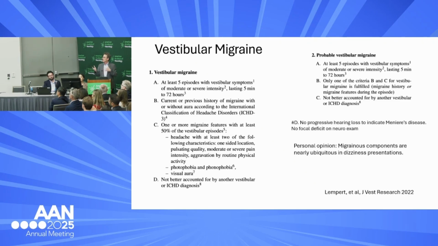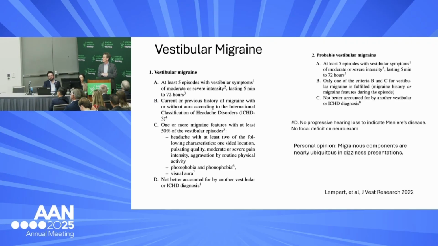These criteria say you have to have at least 5 episodes with vestibular symptoms. What if you only have 4? So there's flexibility with these things, obviously, but the episodes can vary widely in their duration, 5 minutes to multiple days. There are definitely some people who would fit this category that start morphing into chronic constant symptoms as well.